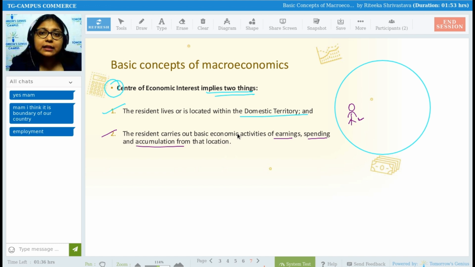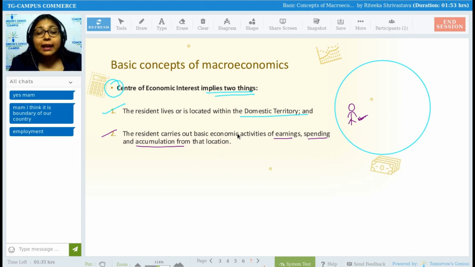So as we said, normal resident means what? The person should satisfy two basic conditions. Then we can say that person is a normal resident. What are those two basic conditions? First condition, the person should live inside or within the domestic territory. And secondly, the person should do all the kinds of economic transactions within the country itself.